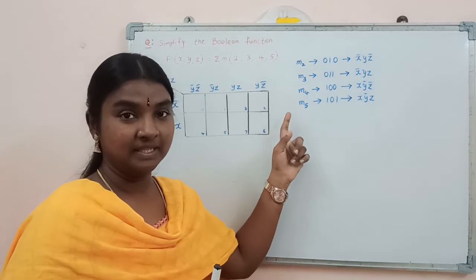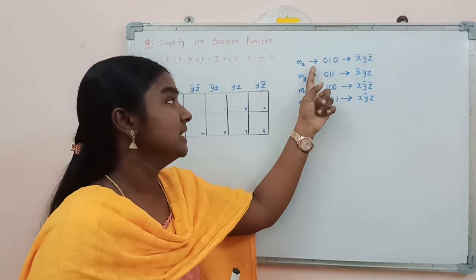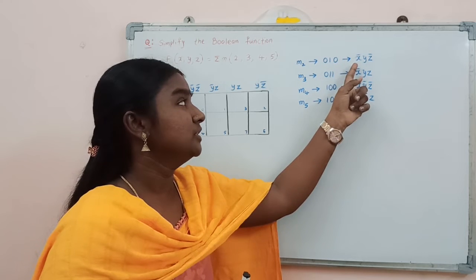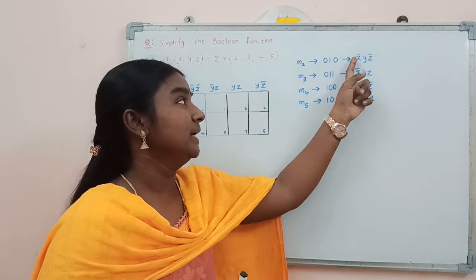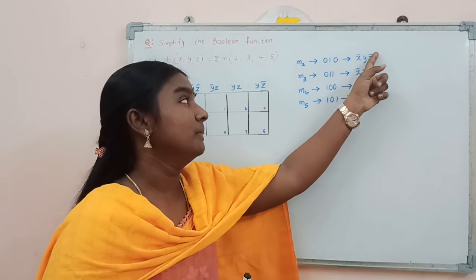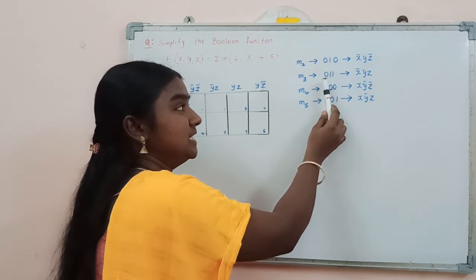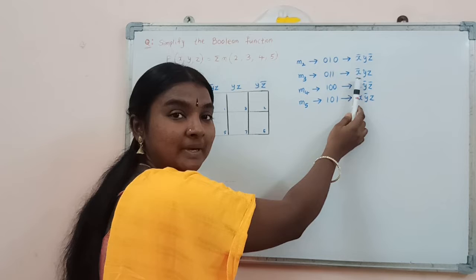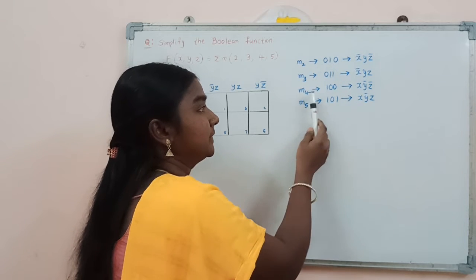And regarding these minterms, the binary sequence we can write as: for m2, 0, 1, 0, and that respective minterm we can write as x complement, y, z complement. Coming to the m3 minterm, the binary sequence is 0, 1, 1, and the product term expression is x complement, y and z.